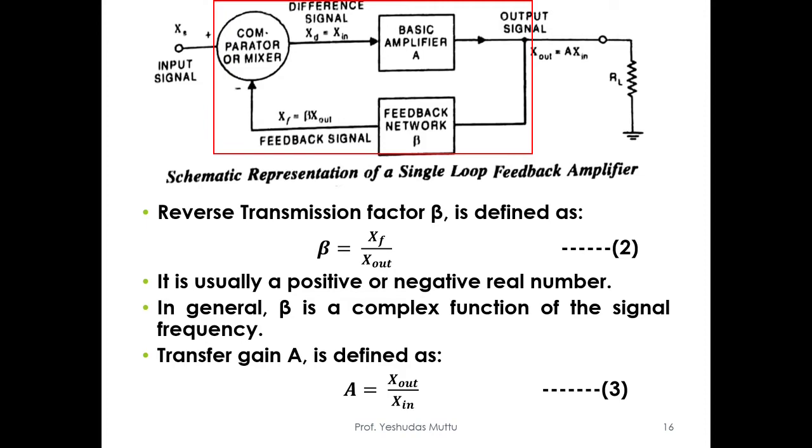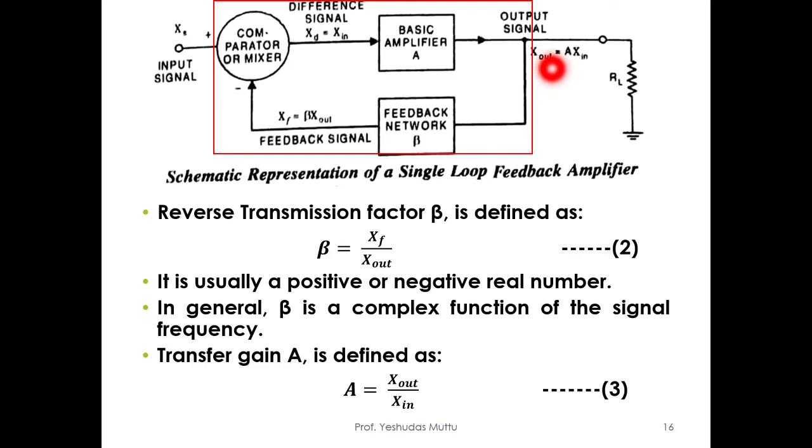Now, just now I found the transfer gain A, which is without feedback. Now I need to find the gain with feedback. To find it, I need to consider this entire block. If I consider this entire block, the input to this particular block is XS, and the output is X out.